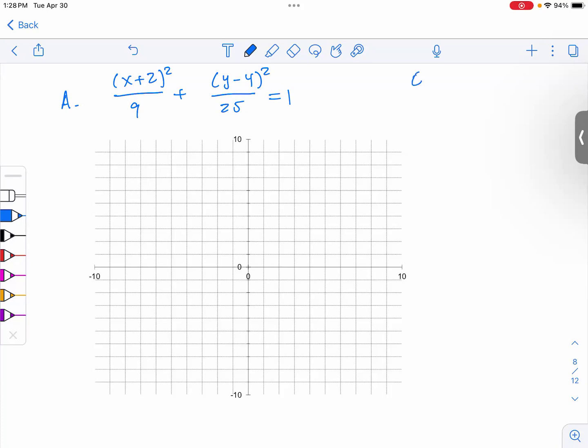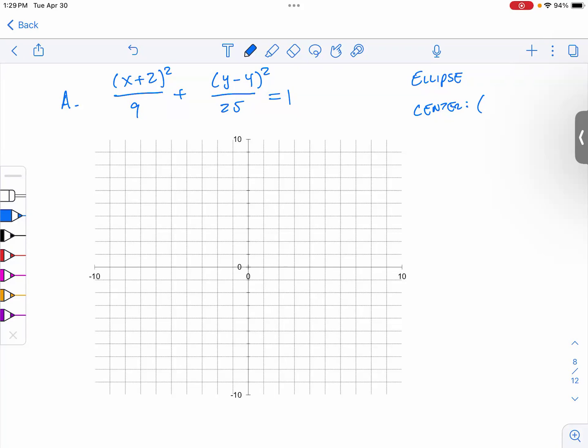So I see this is an ellipse. We know it has the standard form. We want to identify a couple of things, the center. And what is the center in this case?